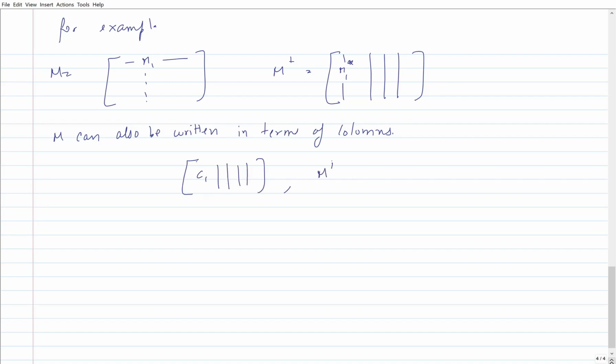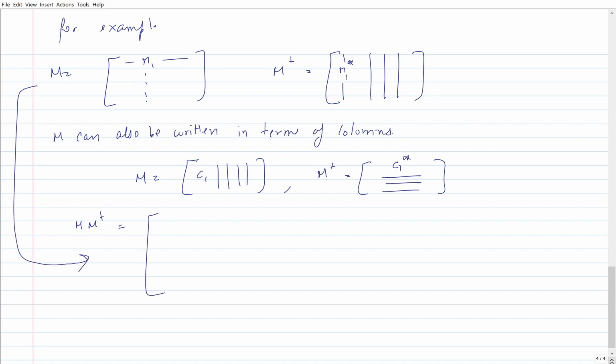Then M dagger becomes those columns show up as rows. So in other words, M dagger from this guy becomes R1 squared, because R is going to be multiplied by this guy, and some other terms.